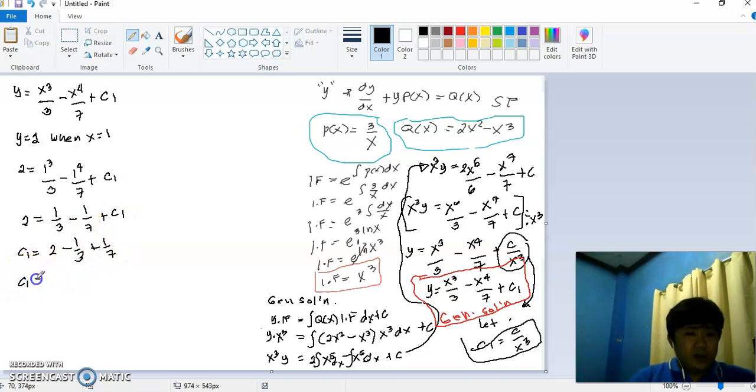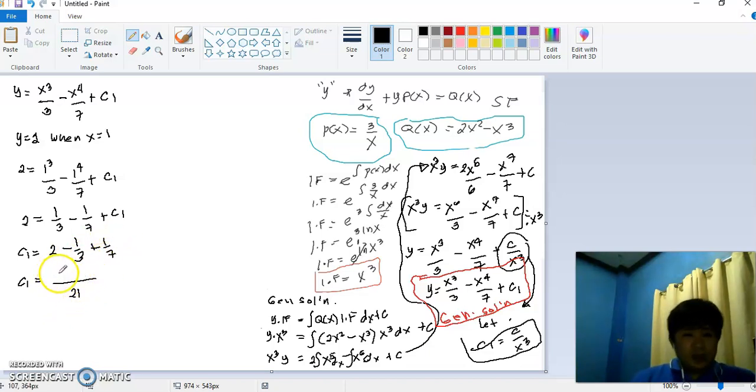If you use your calculator, you could get the value of c sub 1 directly, or we could solve it further by getting the denominator as 21, the common denominator for 3 and 7.